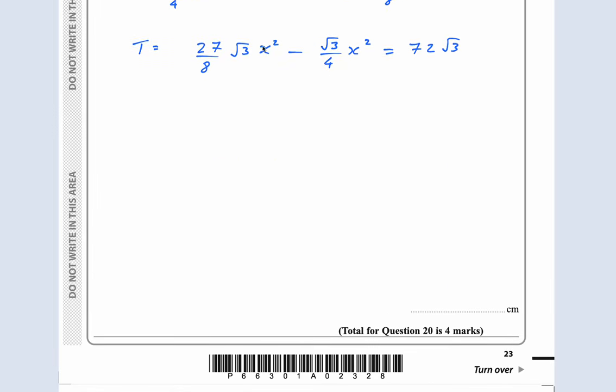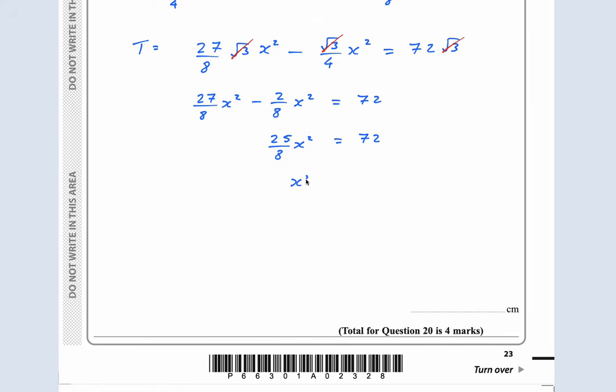I say all I have to do, it's not that easy, but to begin with, the root 3's all cancel. Now I have 27 over 8 x squared minus, this is a quarter x squared, so I'm just going to call this 2 over 8 x squared equals 72. The root 3 is gone. 27 over 8 x squared minus 2 over 8 x squared is 25 over 8 x squared, and this is equal to 72.